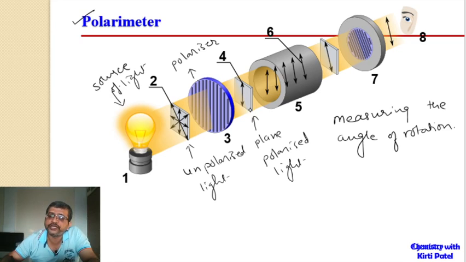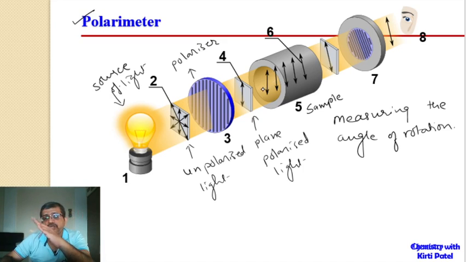Now this plane polarized light is allowed to pass through a sample, and this sample is a solution containing an optically active substance, so that when the light encounters that optically active substance, it will rotate the plane of plane polarized light either in the clockwise direction or in the anti-clockwise direction.